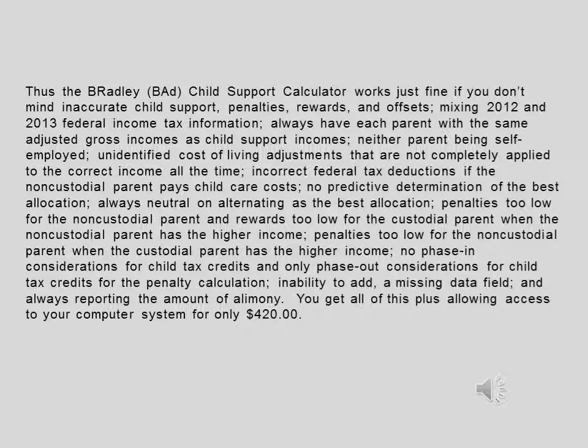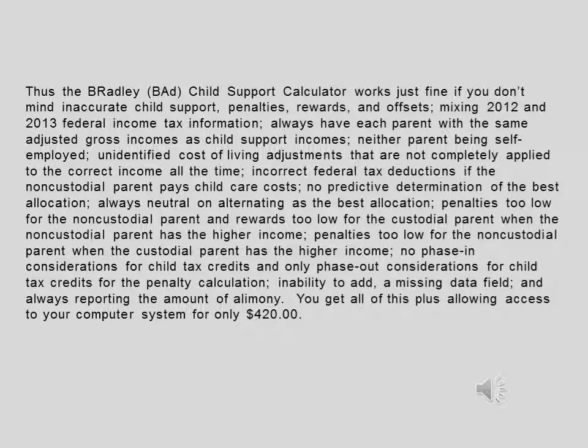Unidentified cost of living adjustments that are not completely applied to the correct income all the time. Incorrect federal tax deductions if the non-custodial parent pays child care costs. No predictive determination of the best allocation. Always neutral on alternating as the best allocation.